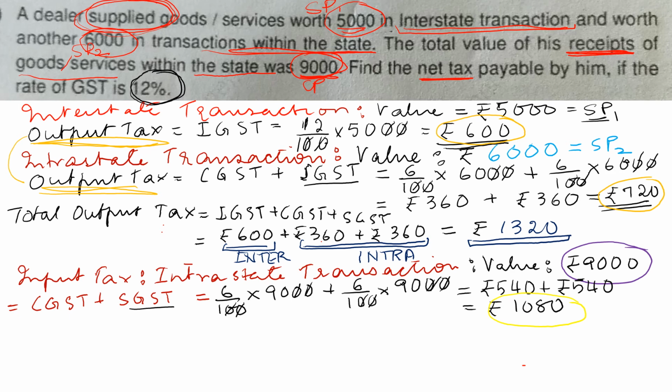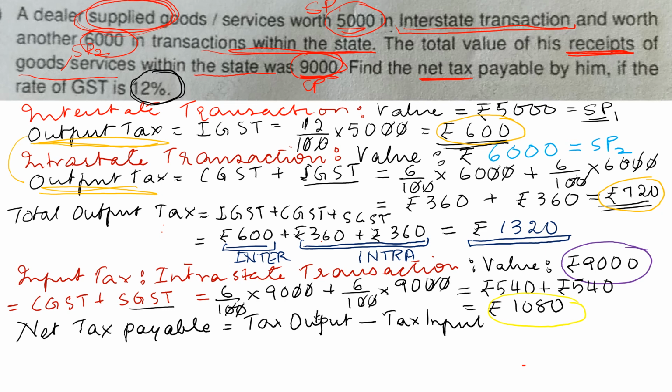Now the net tax payable will have to be the tax output minus the tax input. Tax output we have already seen, the total output tax is 1320, minus what is tax input?